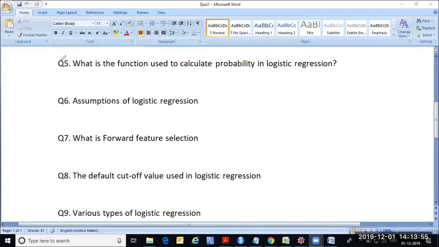What is the function used to calculate probability in logistic regression? Probability can be calculated by using the formula e power y by 1 plus e power y.